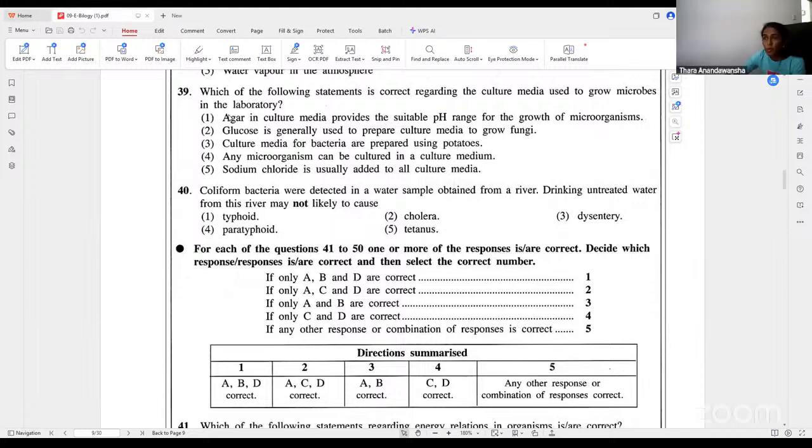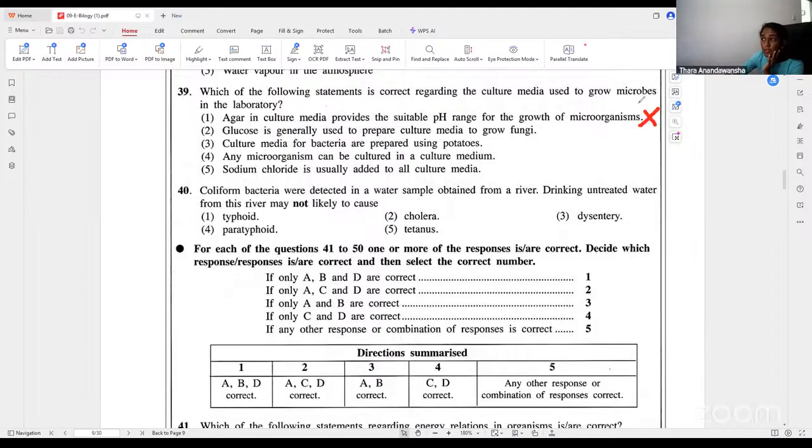All right. So now I'm coming to the 39th question. Which of the following statements regarding culture media used to grow microbes in the laboratory is wrong? Agar in culture media provides a suitable pH range for growth of microorganisms is wrong.